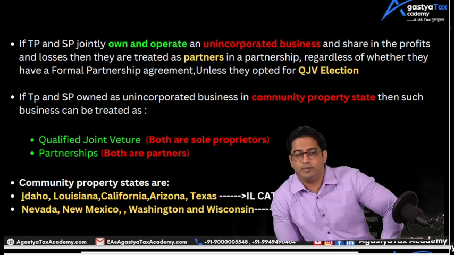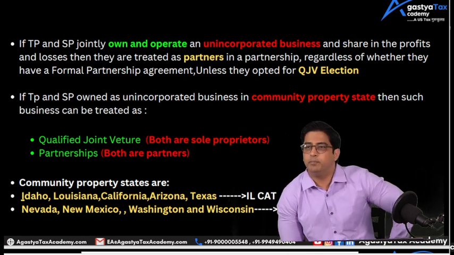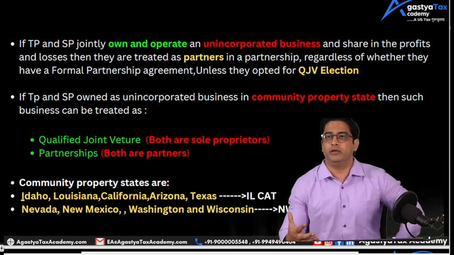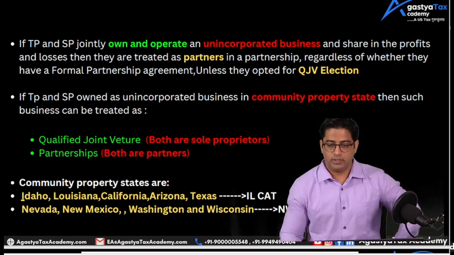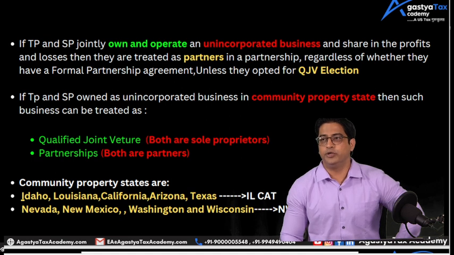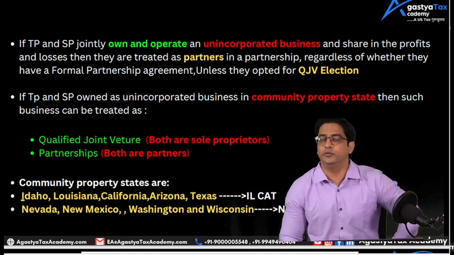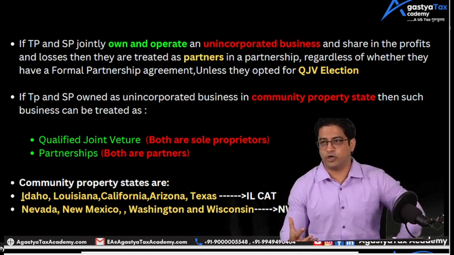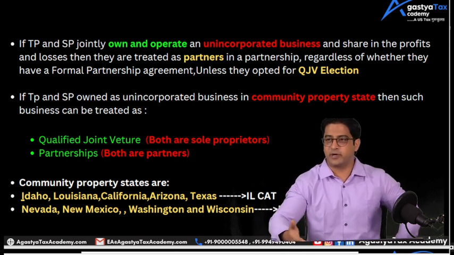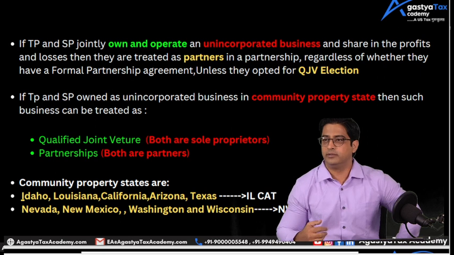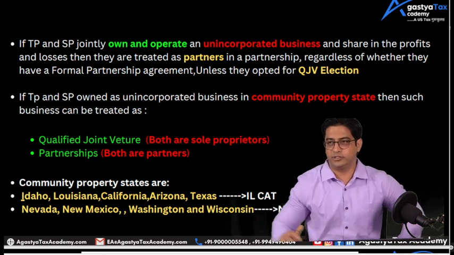See, usually what happens is, for a partnership, there is no need for incorporation. No need to file anything or form articles of organization or articles of incorporation. You and I can start a partnership right away with a formal handshake. Let's be partners. Let's start a business. That's all.